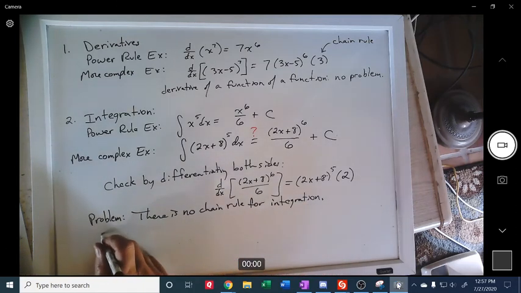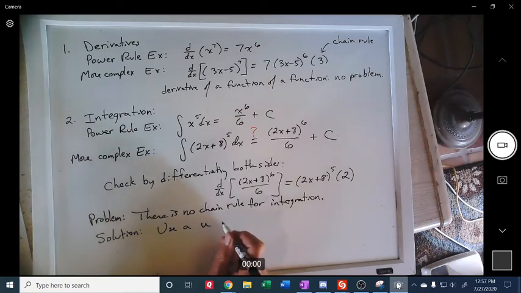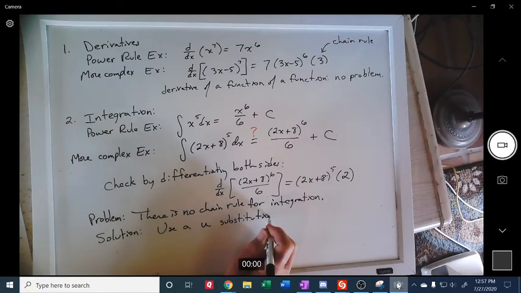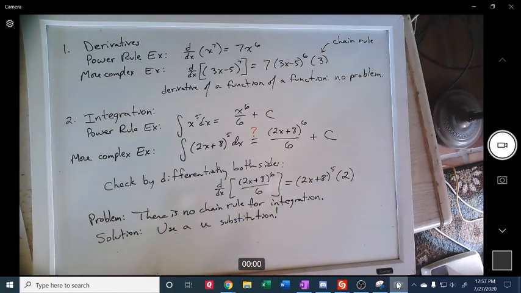The solution is we're going to use what's called a u substitution. The u substitution is going to solve this problem for us. It's going to have some really big limitations, so it's not going to be as good as the chain rule, but it'll allow us to do a bunch of integrals that we couldn't do before.